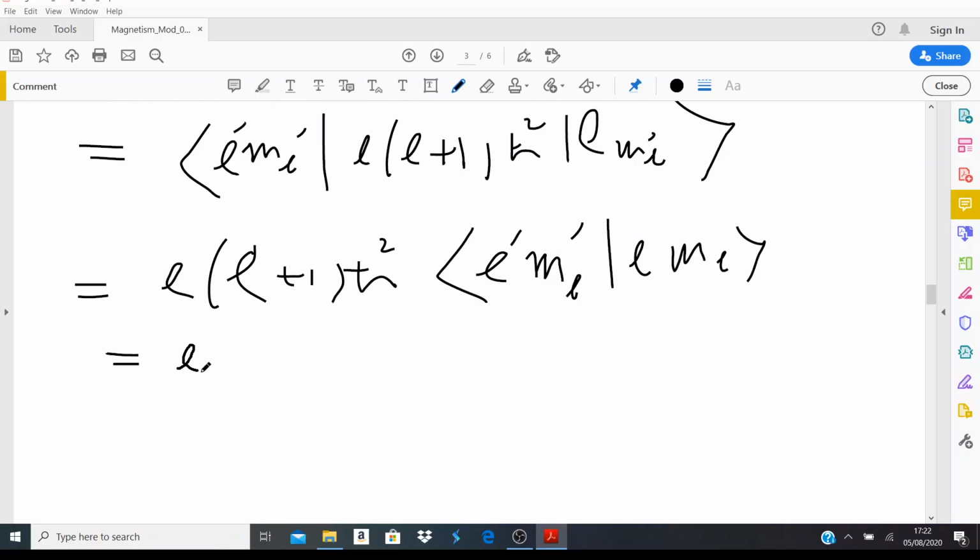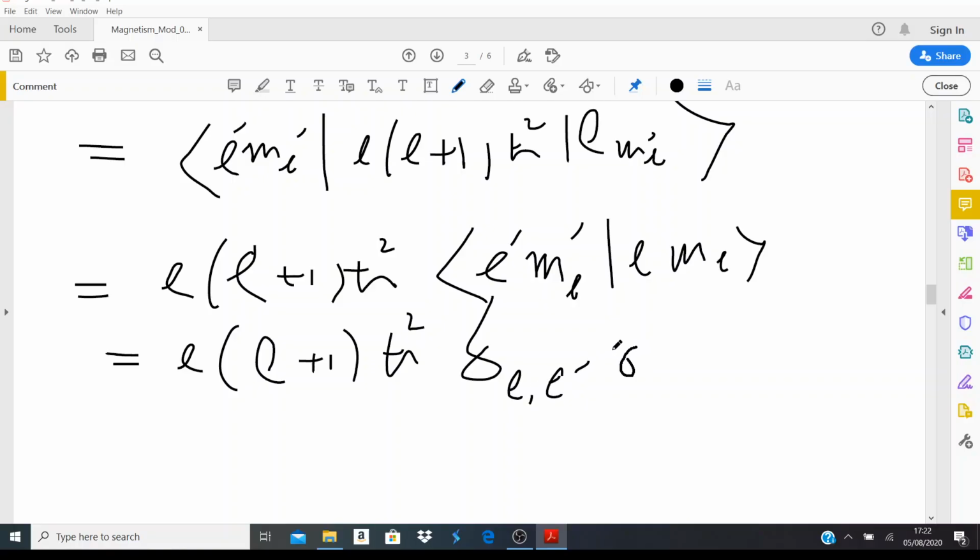So that's why you enforce this condition by 2 Kronecker delta. You say the delta L prime L, so L has to be L prime, and also delta ML prime ML. So ML prime has to be equal to ML, otherwise you will get a 0 contribution, right? And that's how we usually calculate this expectation value of the orbital angular momentum and its squared value, right?